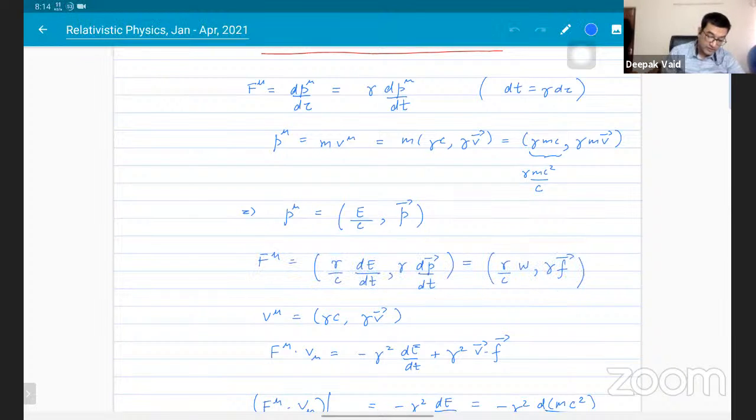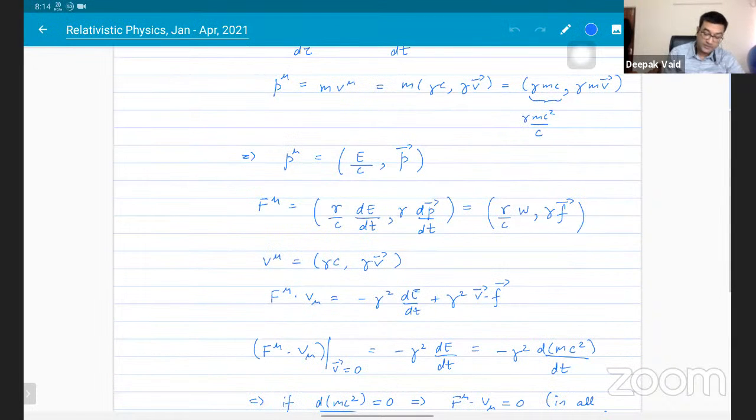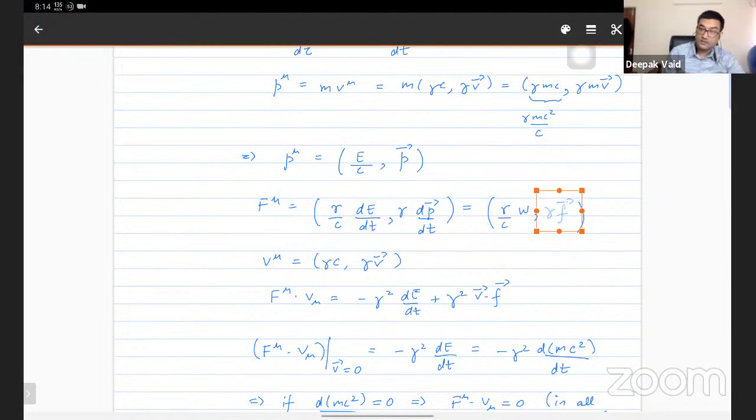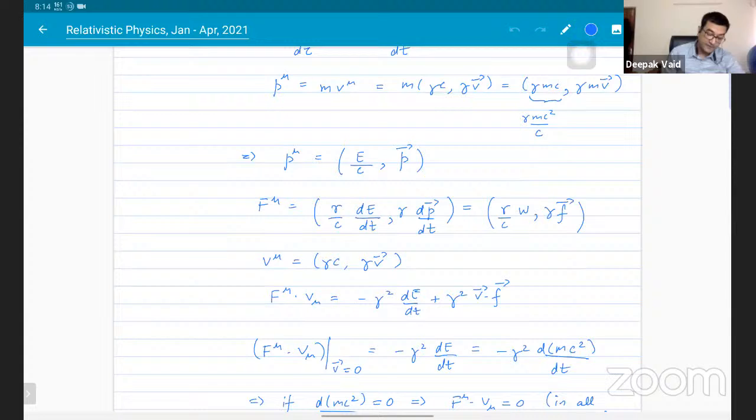right, where the first term is the rate of change of the total energy, or the work that is being done on the particle by the force, times gamma. And the second term is the normal Newtonian force multiplied by gamma, right?